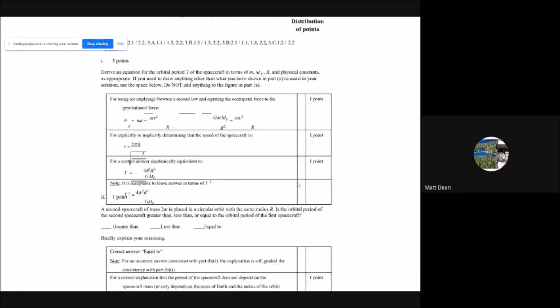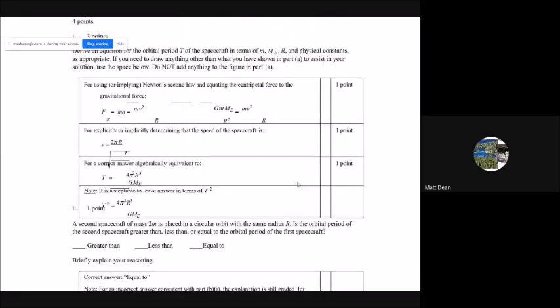Next part of the question, deriving that equation. 1 point for coming up with mv squared over r and setting that equal to, and the typo here is messed up, but essentially that's saying that you're realizing that there's a net force. That net force is mv squared over r, and it is caused by the gravitational force, G m Me over r squared.